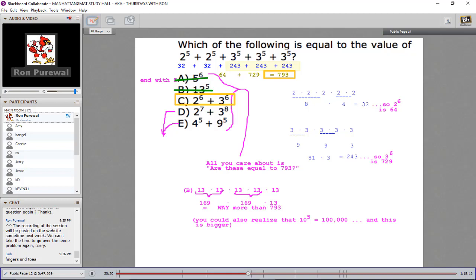So these are way, way too big. In fact, every choice other than the correct answer is at least 10 times too big. So you don't even need to be terribly accurate here. You can just approximate these things. Give me a smiley face, if this makes sense.